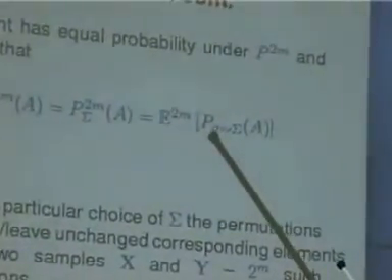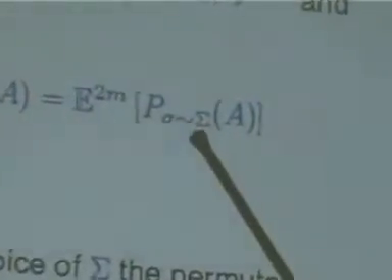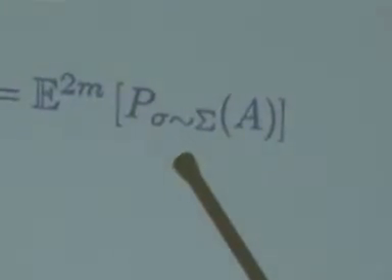So what is the lowercase sigma here? It's distributed according to the uniform distribution. I choose this lowercase permutation uniformly from the set sigma, and then I permute.